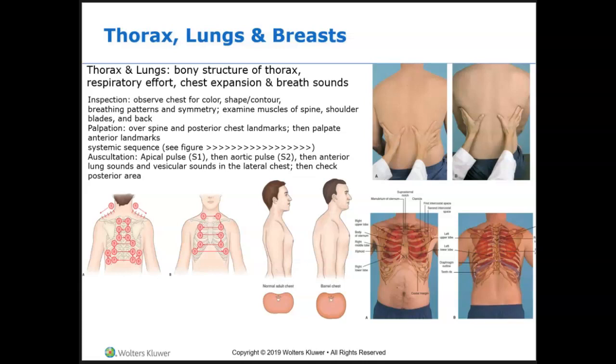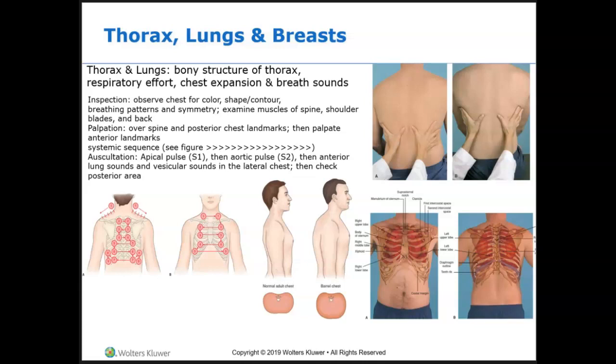You're going to compare again, you'll see, left to right, right? The skin should be warm and dry with symmetrical muscle development and no tenderness, no masses, no vibrations. Any abnormal finding could be that it's cool or excessively dry or moist, it's asymmetrical, there are vibrations, there's tenderness somewhere, there are masses, etc.